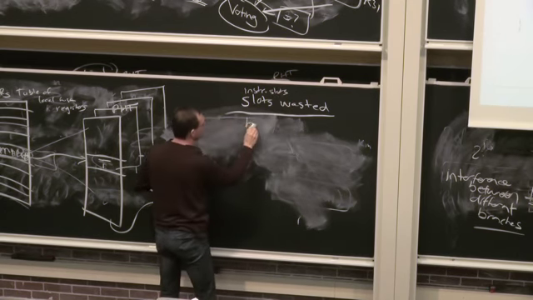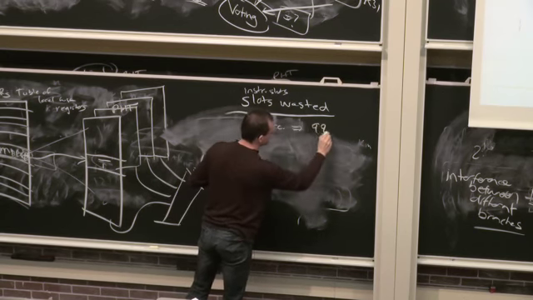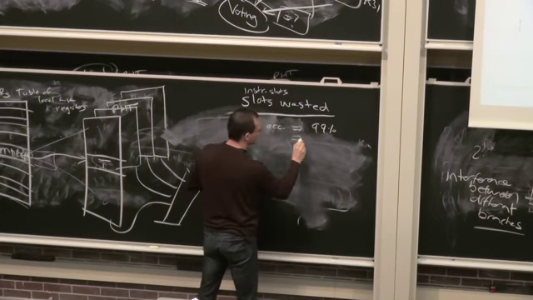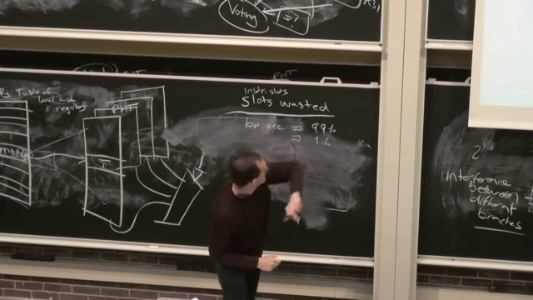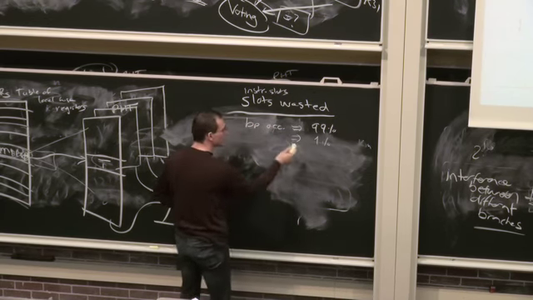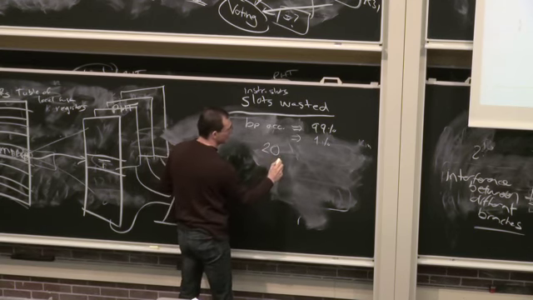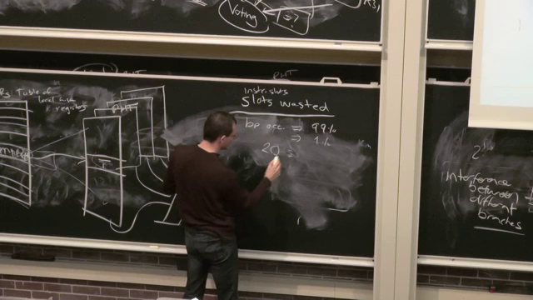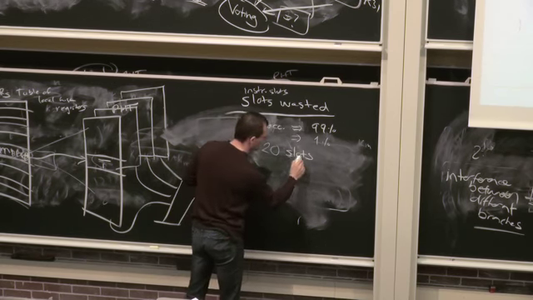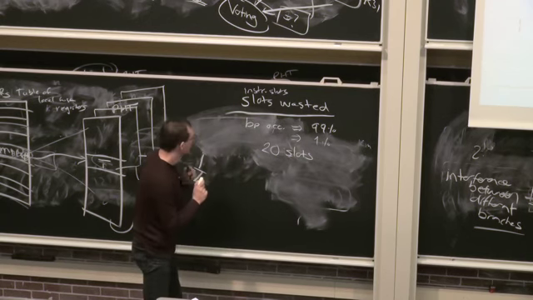If your branch prediction accuracy for a branch is 99%, you mispredict only 1% of the time, and you incur the flush penalty 1% of the time. Let's say your flush penalty is 20 slots. So you waste 20 slots 1% of the time.